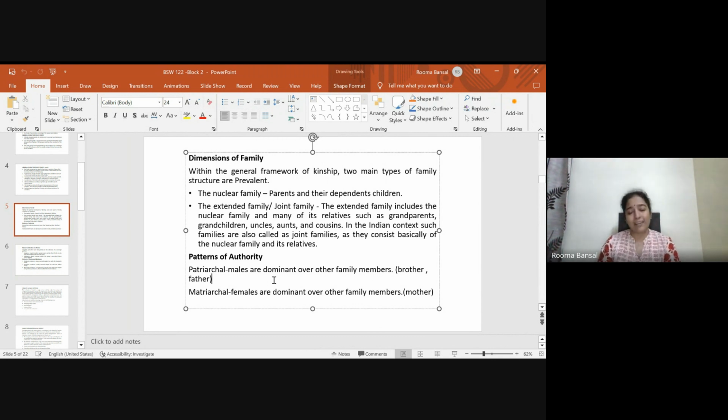Generally, we do have both the parents' consent about their kids, but in case of any problem, if the male person, the husband, is taking the decision, and most of the time he is taking the decision, it means they have a patriarchal pattern of authority, where the male member is playing the role of father and head of the family at the same time. Clear?